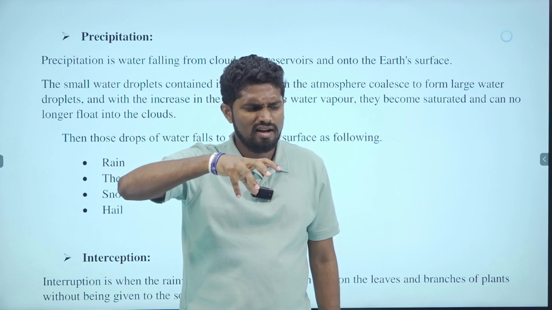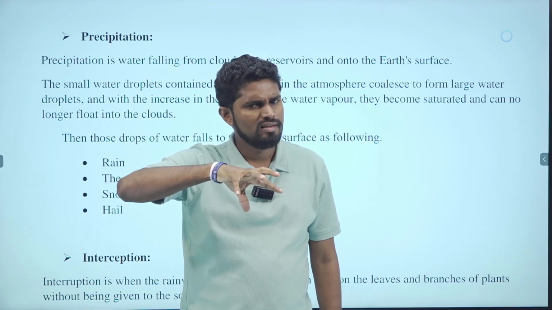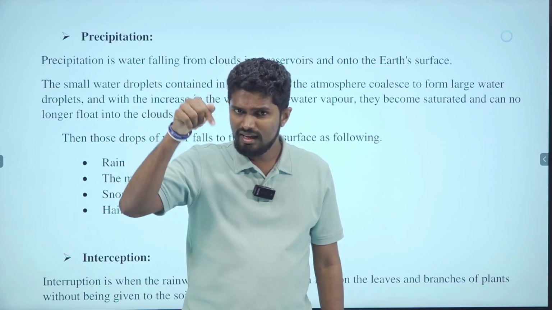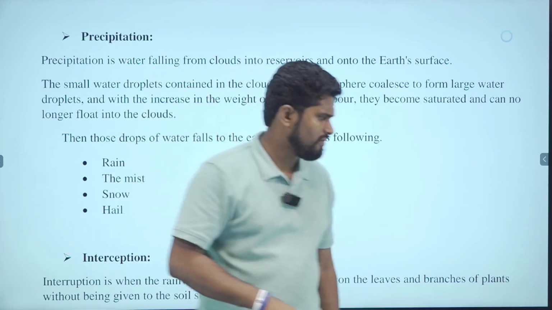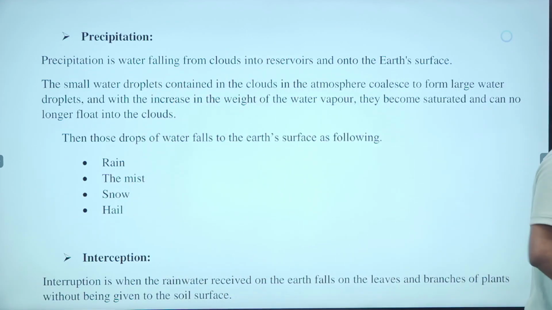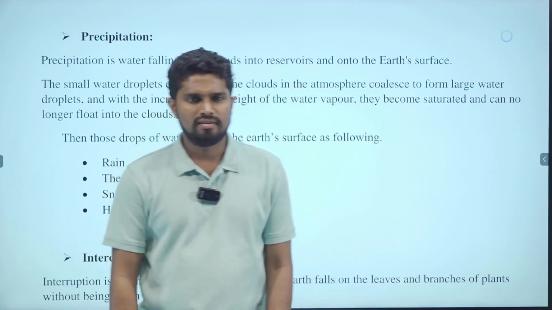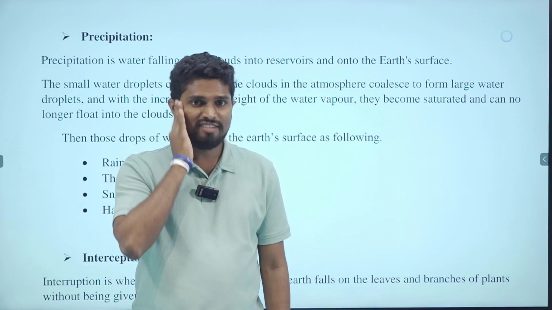If you consider Sri Lanka, what is the normal temperature? It is around 25 to 30 Celsius. At this time it has a liquid phase, no? It is at liquid phase.